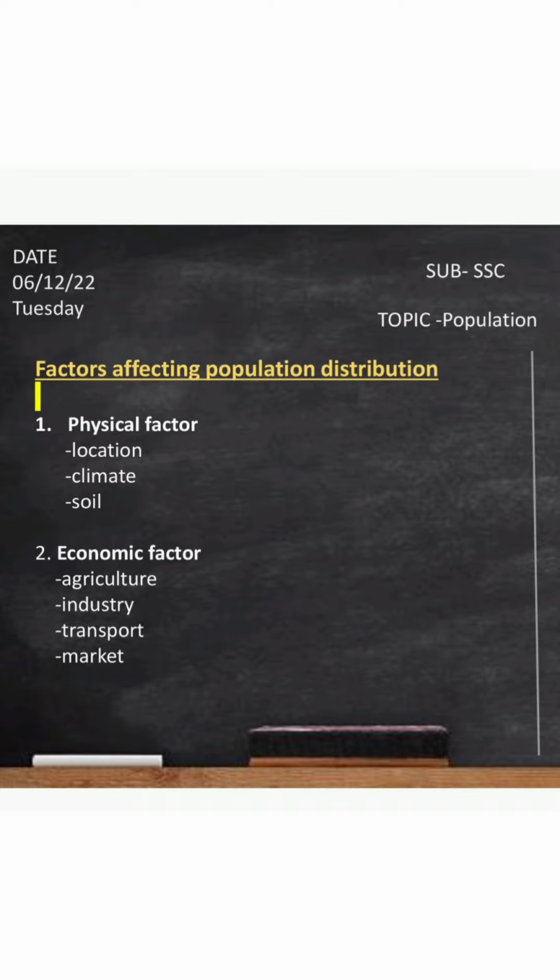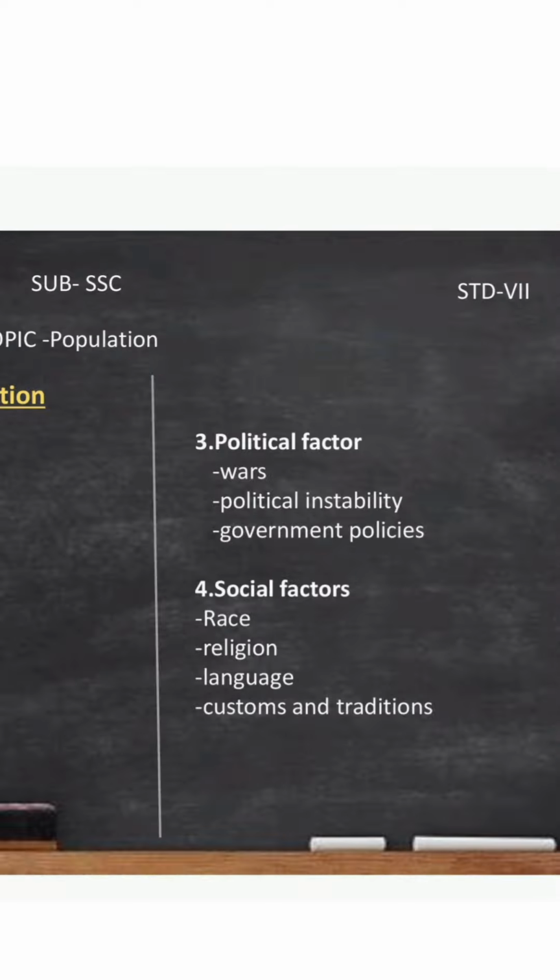Yes, if there are no marketing facilities, no transport facilities, no one is going to go and stay there. Yes or no? But why? Because human needs are to be fulfilled. They need a lot of things daily. They cannot live without these factors. Human wants are unlimited, and for fulfilling these needs, we have to transport or travel from one place to another. Exactly.